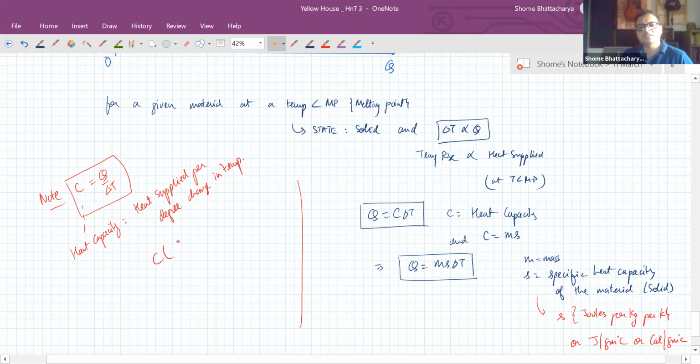Therefore, heat capacity is measured in joules per Kelvin or calories per degree C, etc. Whereas specific heat capacity is Q upon M delta T.